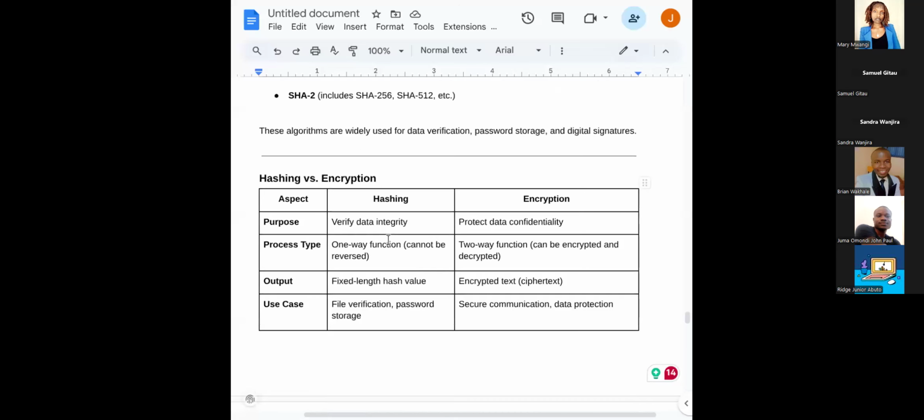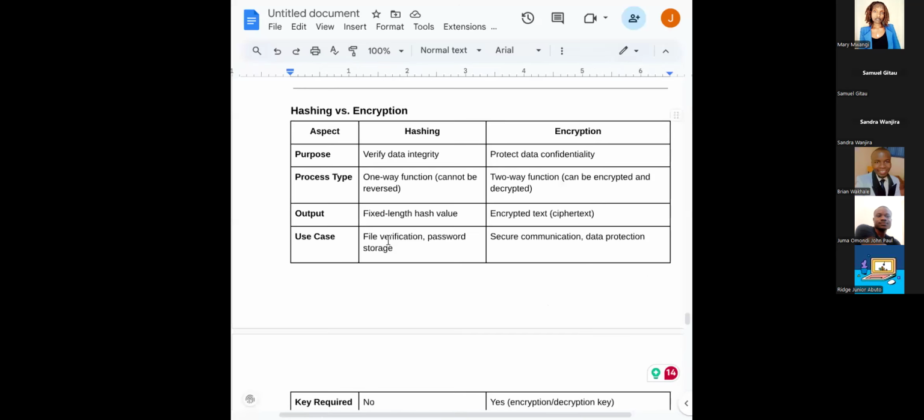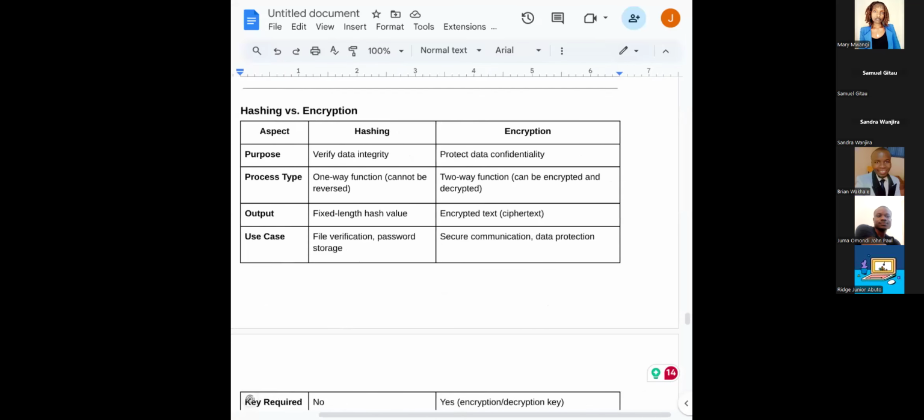All right, Gideon, would you be kind enough to read for us the difference between hashing and encryption so that we answer you in a complete manner? Oh, okay. Sandra, would you be kind enough? We have missed your voice, Sandra. Today you have not talked to us. Sandra, would you be kind enough to read for us?